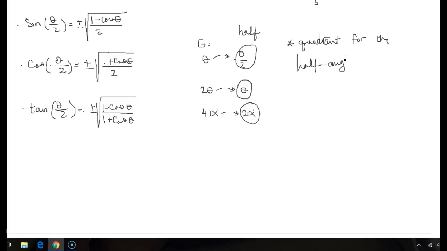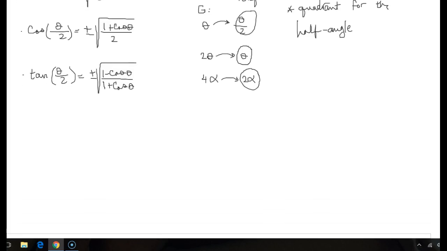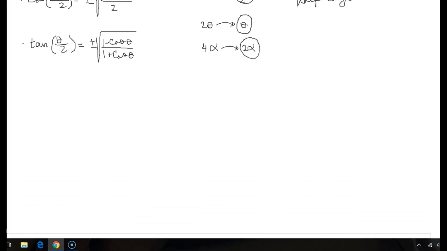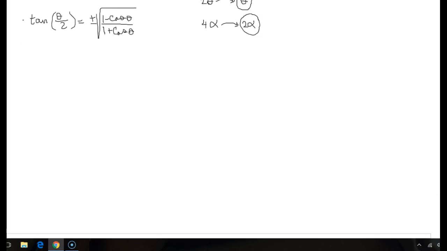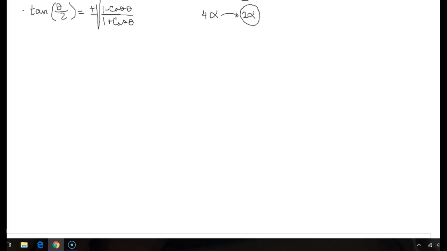So not only do you have to determine it for the angle itself, for theta, but you also have to determine it for theta over 2, because you want to know, am I taking the positive or negative of each of these square roots? So it's important to know that. Let me show you an example so that you understand how important it is to use these positive, negative signs based on the quadrant.